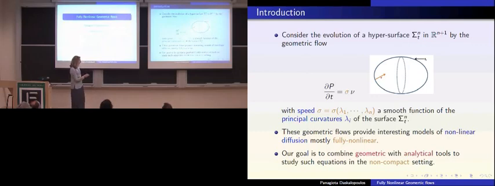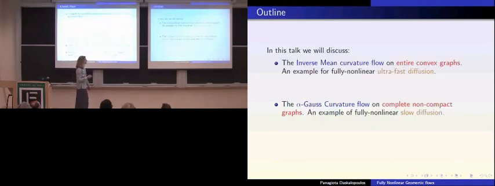Okay, so again, as I said, I will discuss the inverse mean curvature flow and the evolution by powers of Gaussian curvature, and I will study mostly hypersurfaces that can be written as graphs over R^n, and so they are complete non-compact.